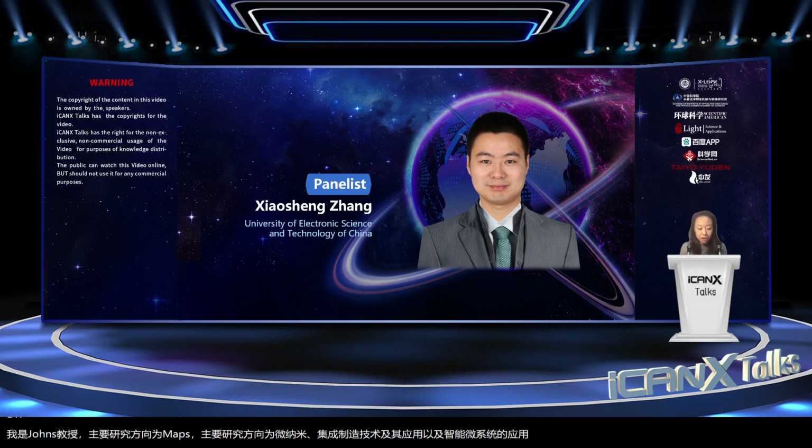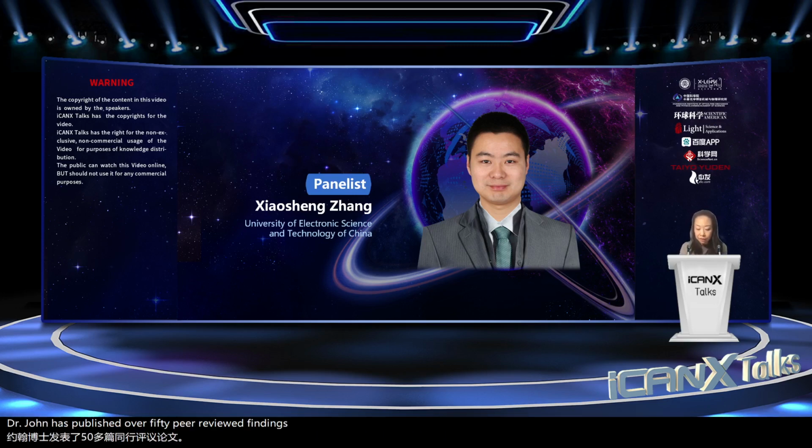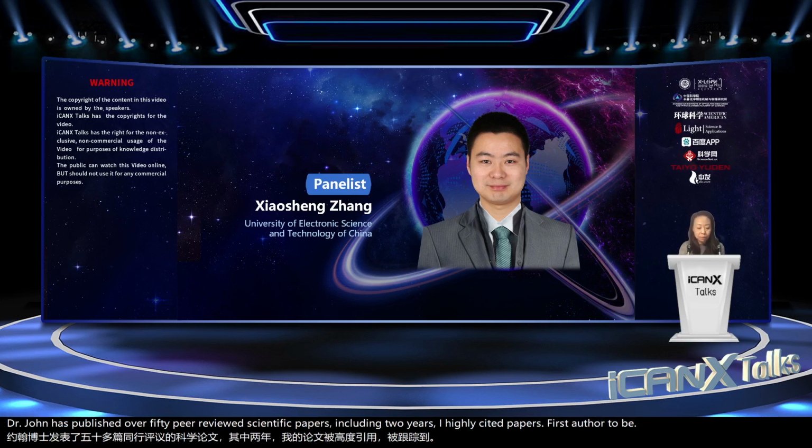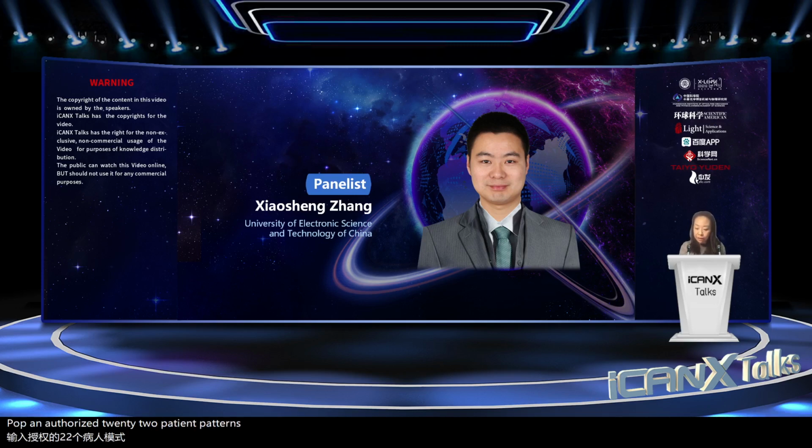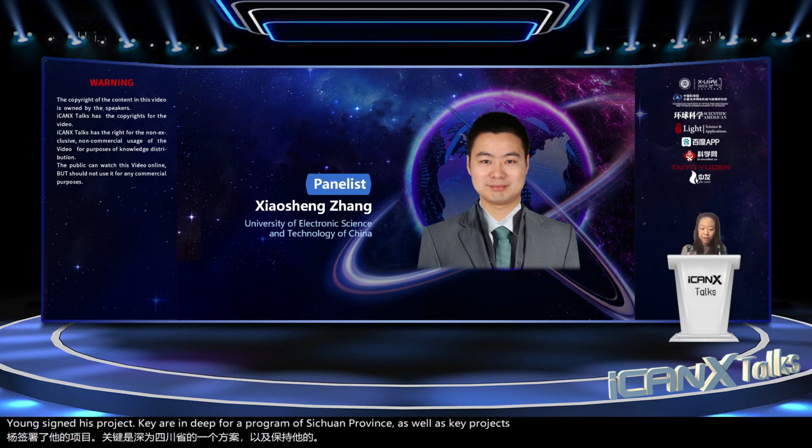Dr. Zhang has published over 50 peer-reviewed scientific papers, including 2 ESI highly cited papers as first author, 2 books with Wiley and Springer, and also authorized 22 patents. Professor Zhang is also the leading principal investigator of several national key projects, including the NSFC Young Scientist Project, the key R&D program of Sichuan province, as well as key projects supported by the fundamental research funds for Central Universities.